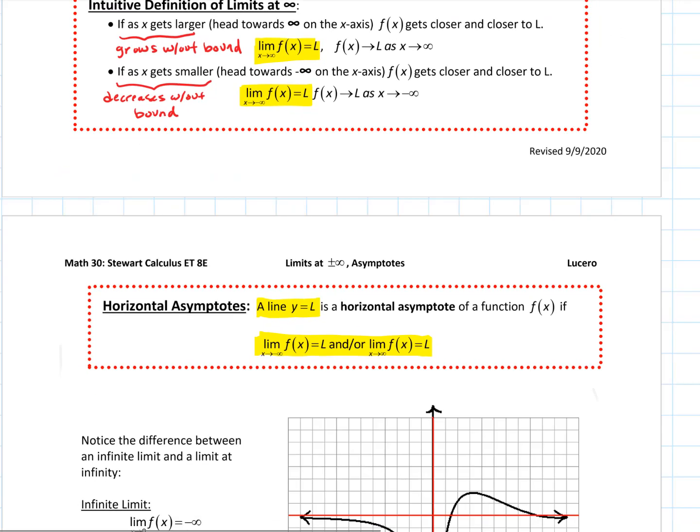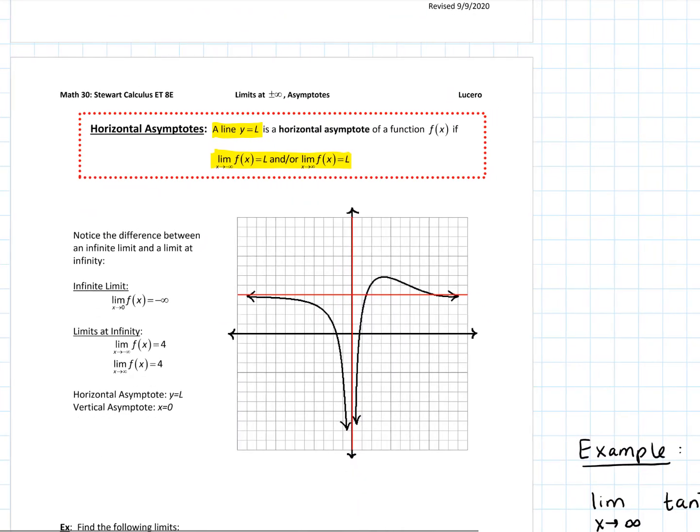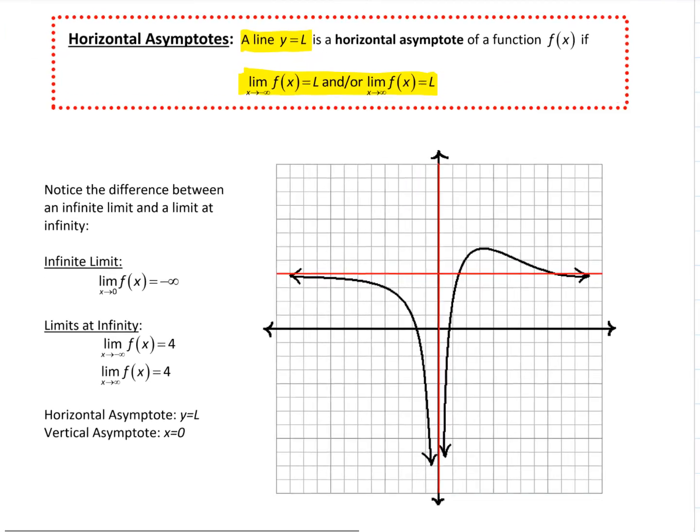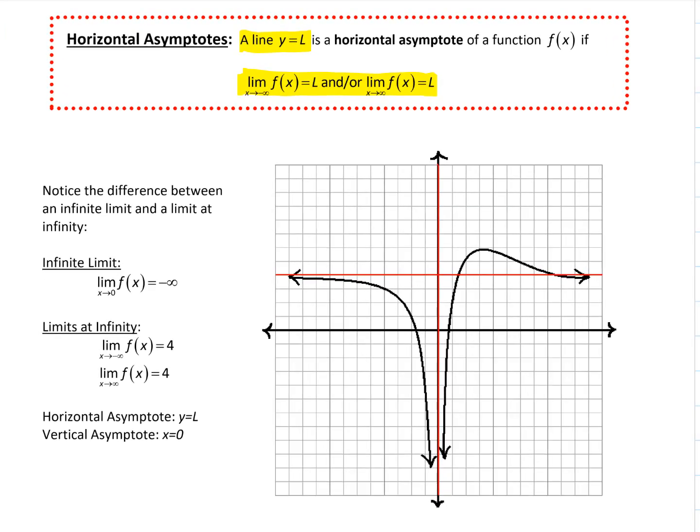So let's look at an example. Here's an example of a graph that has both a vertical asymptote and a horizontal asymptote. Let's call this f of x, so this is y equals f of x. This line here, 1, 2, 3, is at 4 on the graph, and that is at 0 on the graph.